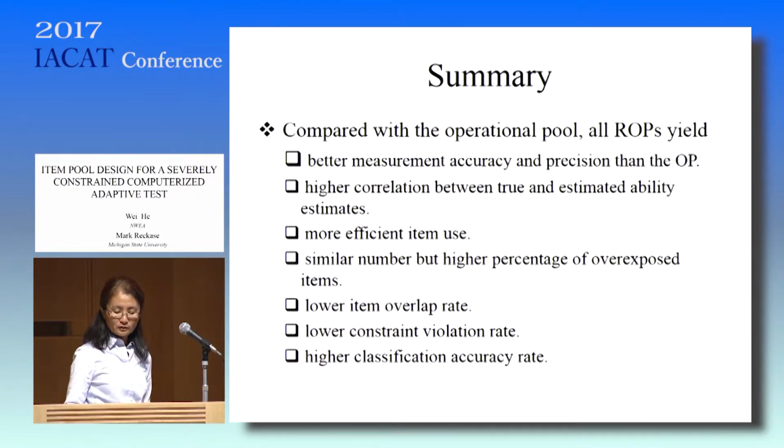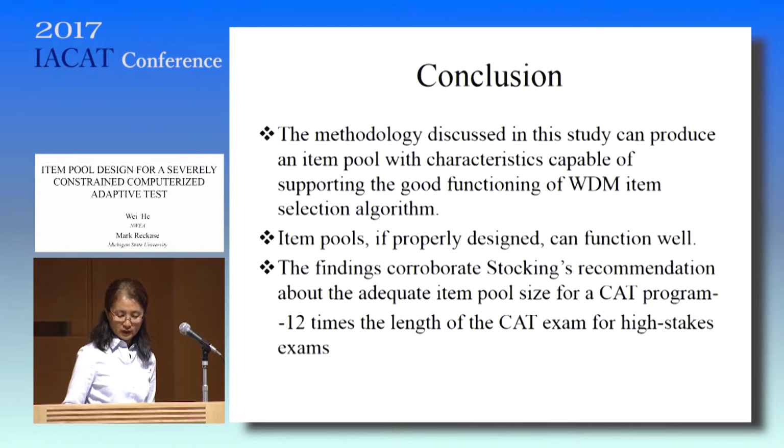So in summary, compared with the operational item pools, all the candidate item pools yield better measurement accuracy and precision, provide higher correlation between true and estimated ability, better efficient item use, lower item overlap rate, lower constraint violation rate, and much higher classification accuracy rate.